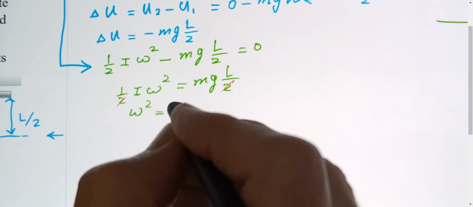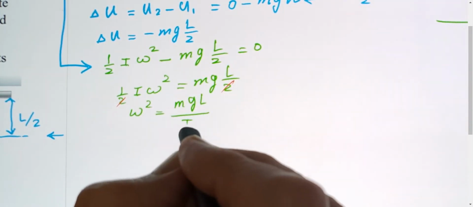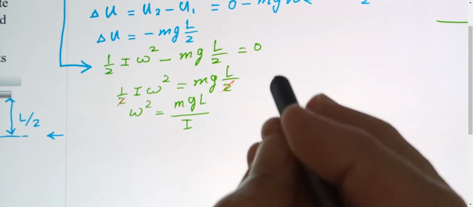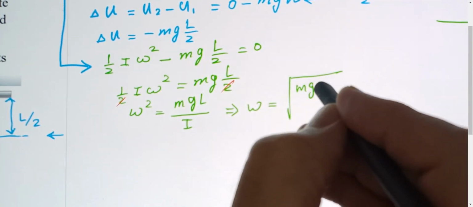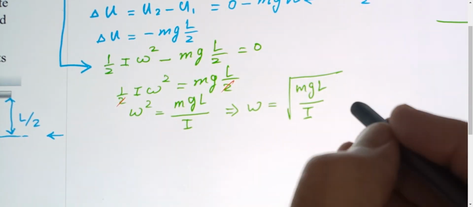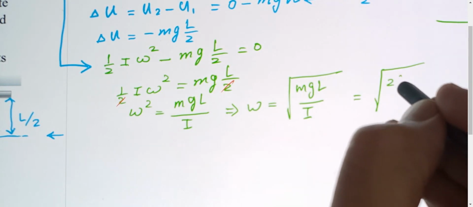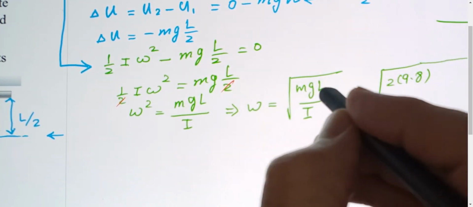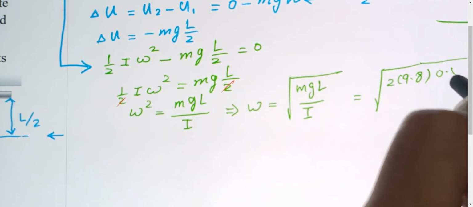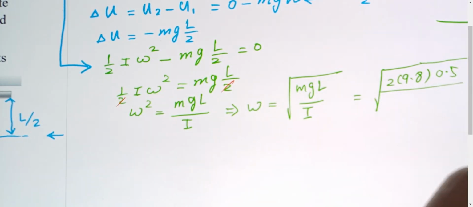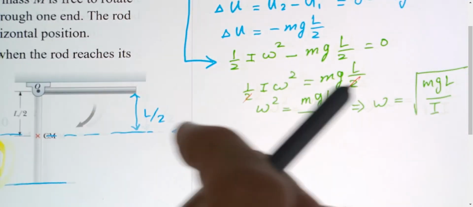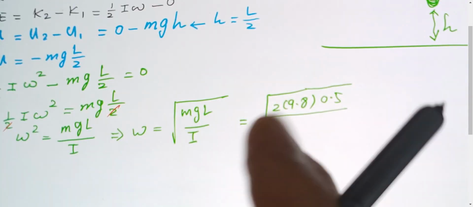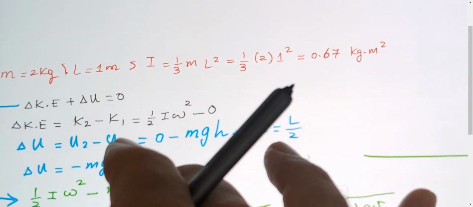So omega squared is equal to mgL over I. So omega is equal to the square root of mgL over I. Put in the numbers: 9.8, L is half, divided by I. We said L is 1 meter, so it's a half, divided by I. What is I? 0.67.